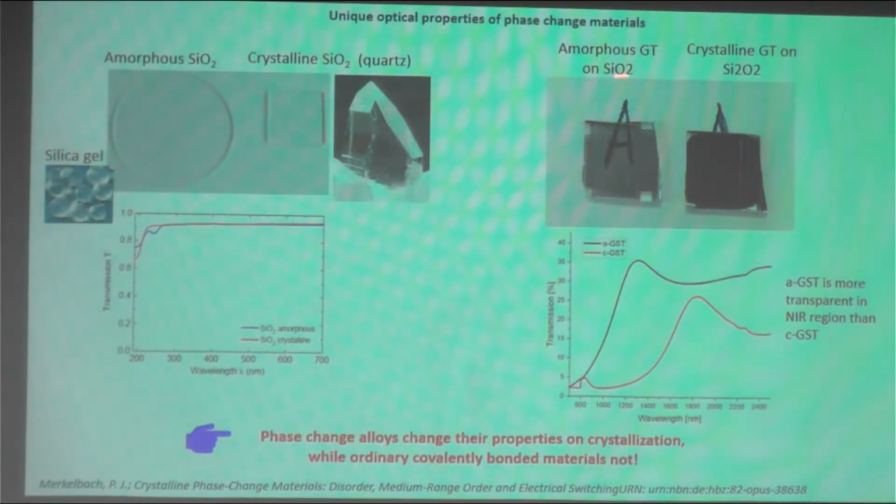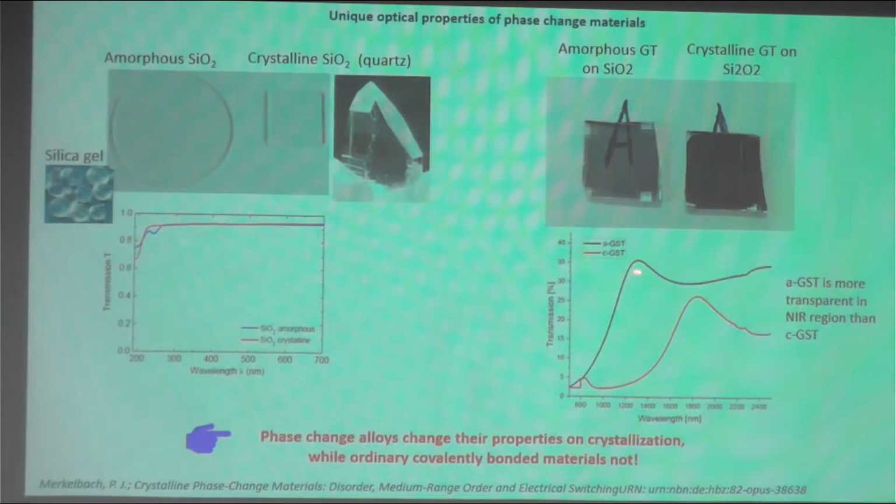If we put it on a sheet of paper with a letter A written on it, having deposited it on glass, you can see the letter A. However, if we crystallize this germanium telluride, it transforms to the crystalline phase, the properties change, and now this germanium telluride is no longer transparent.